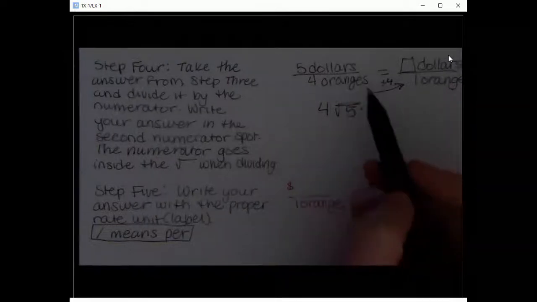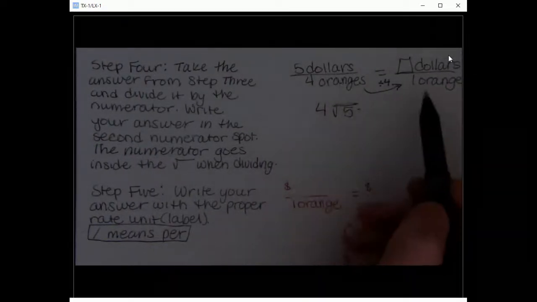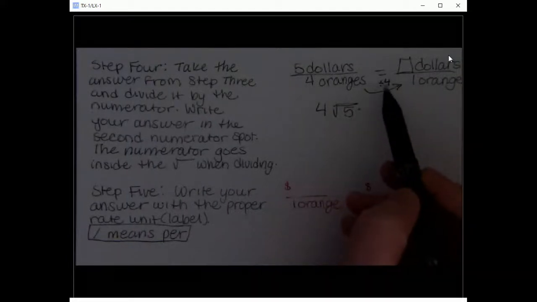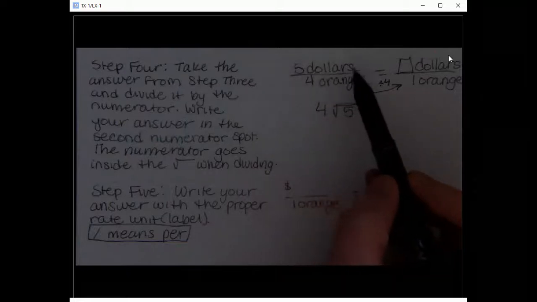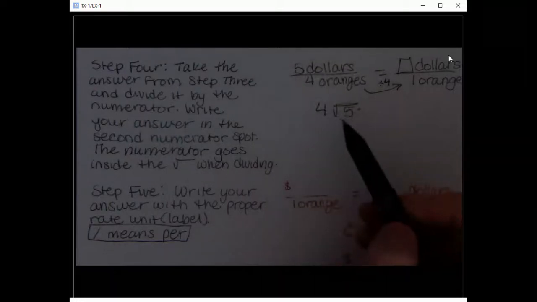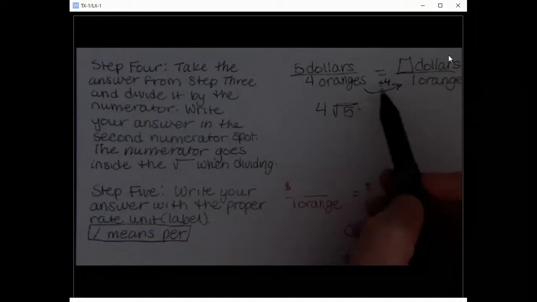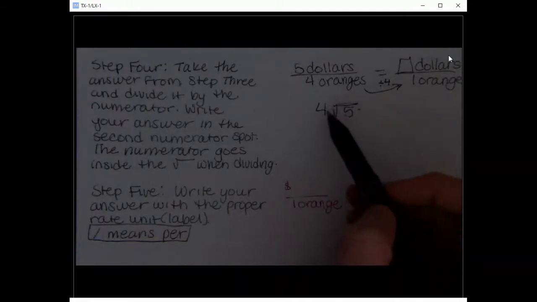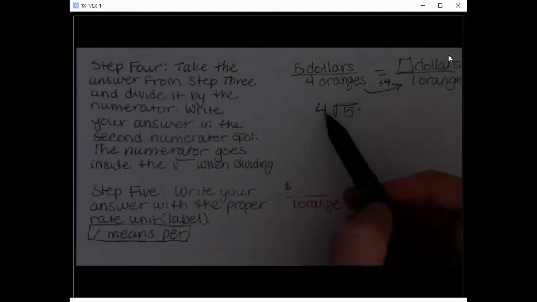So to recap again, we discovered that to get from 4 oranges to 1 orange, we had to divide by 4. I'm taking my numerator, which was the $5, and placing it inside my division box, and the amount we divided by outside. So we have the 5 inside in this example and the 4 on the outside.